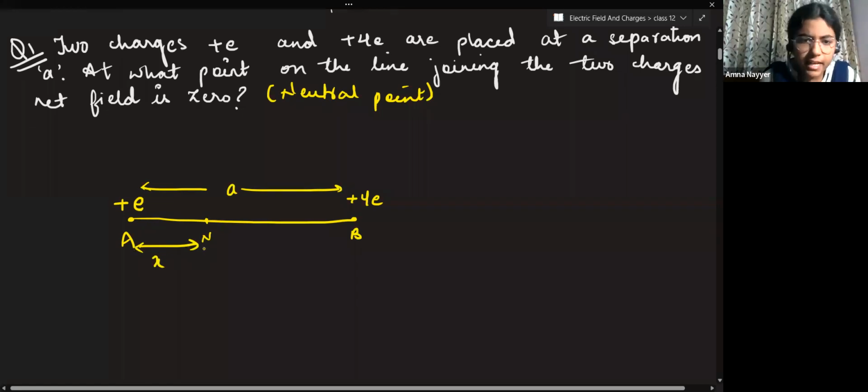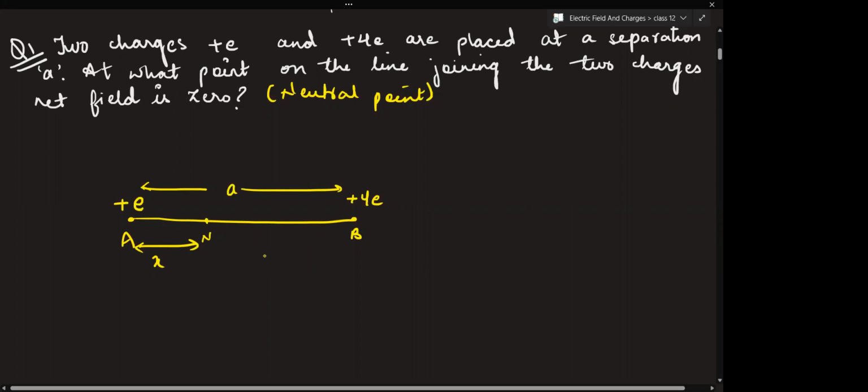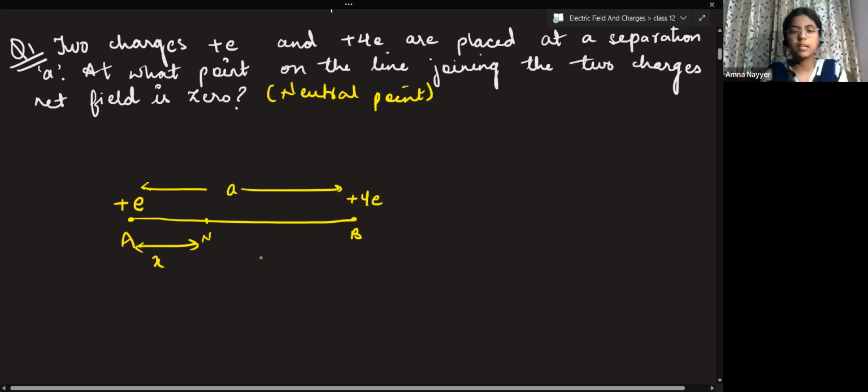If this is X and the whole AB is small a, then what is NB? What is this distance? A minus X. If you delete this X, you're left with A minus X. Now we are calculating the electric field at this point.